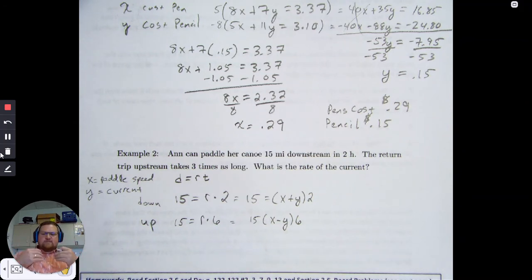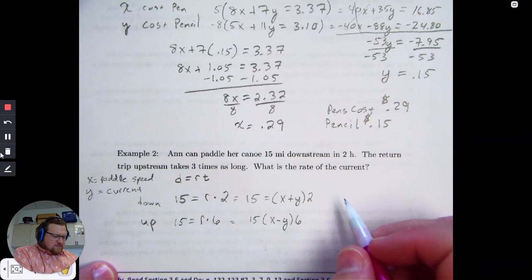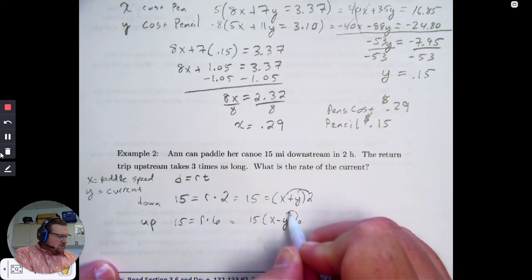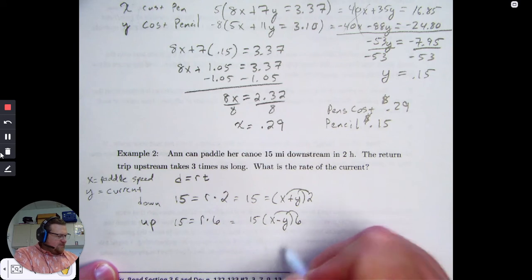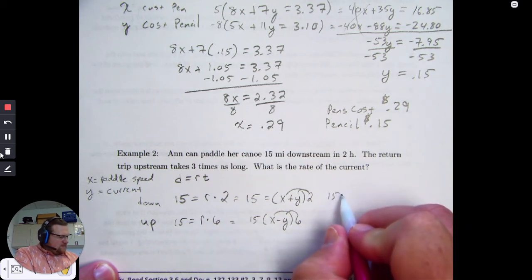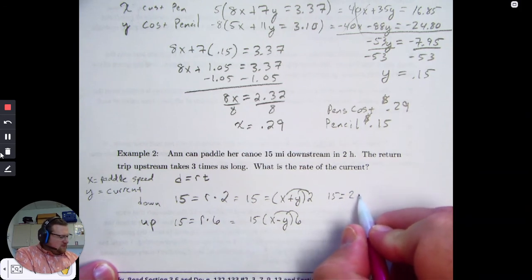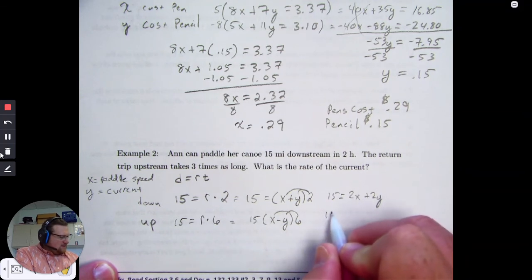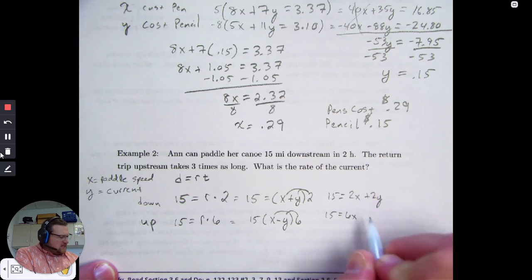On the way back upstream, she's fighting into the current, so it's pulling her backwards. So now what I have to do is distribute to each one. So 15 equals 2x plus 2y, and 15 equals 6x minus 6y.